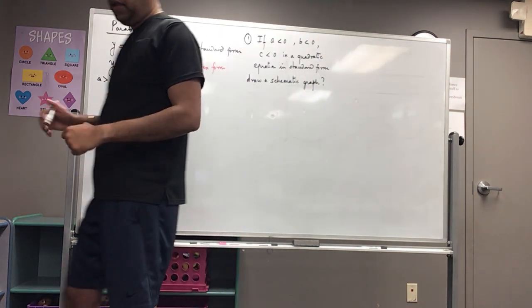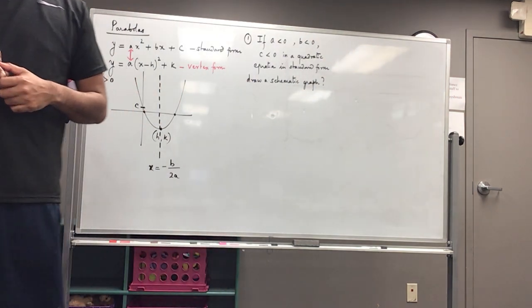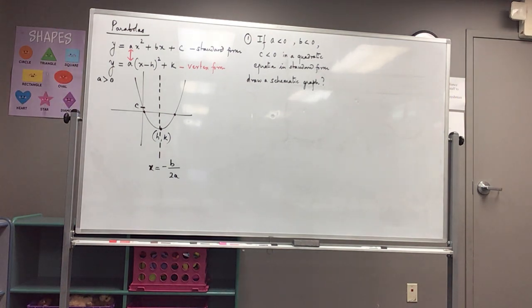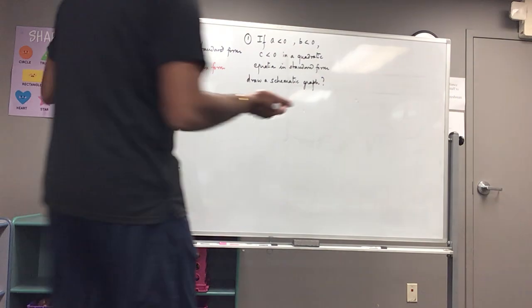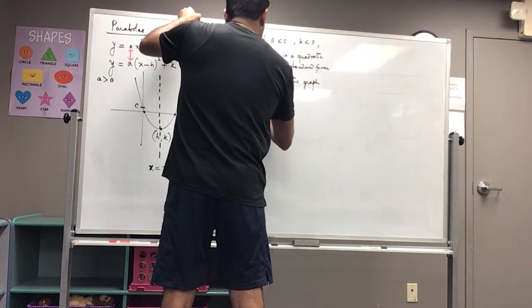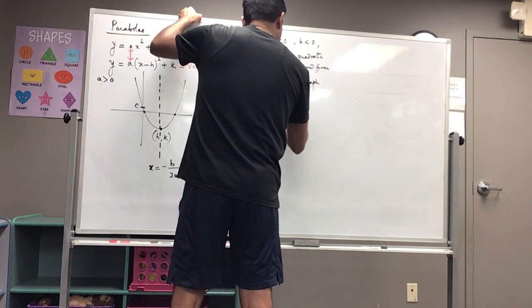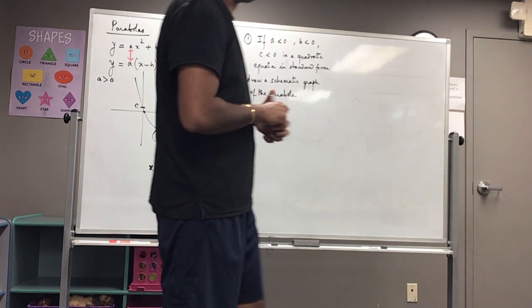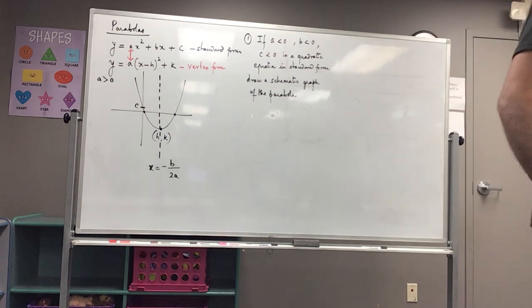If A is less than 0, B is less than 0, C is less than 0, in a quadratic equation in standard form, draw a schematic graph. I can add a little bit more of the parabola. Go. It's a good one. Think, okay? And if you have an answer, make sure to unmute and tell me your name.